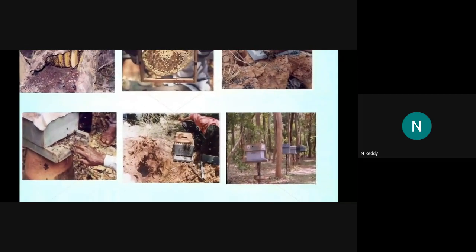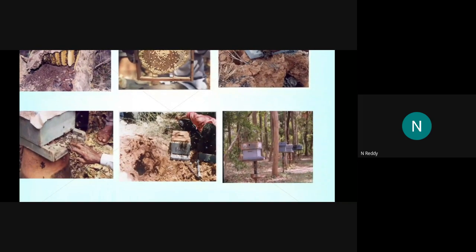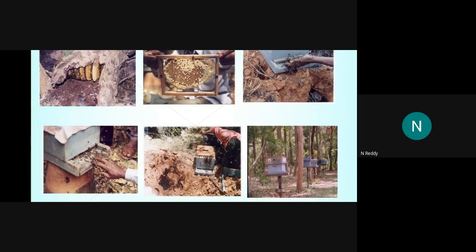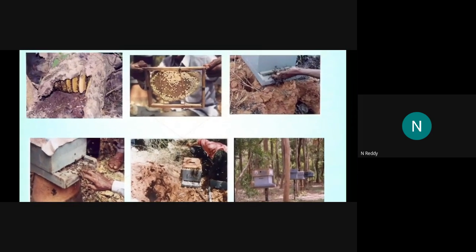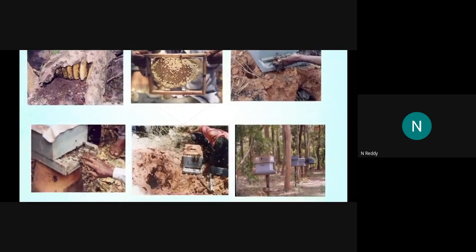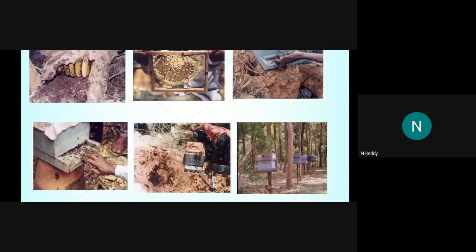And after transferring completely, we must leave the box in the same place till the sun sets that day. Usually, hiving is carried out in the evening hours, so that we do not keep the box for the whole day in the wild, where it may be disturbed during the day.